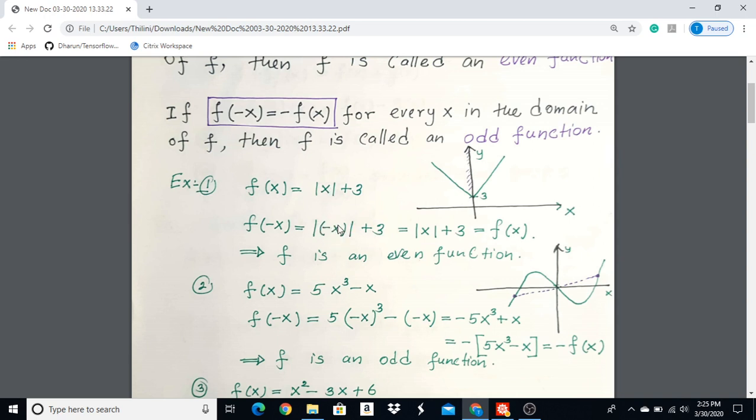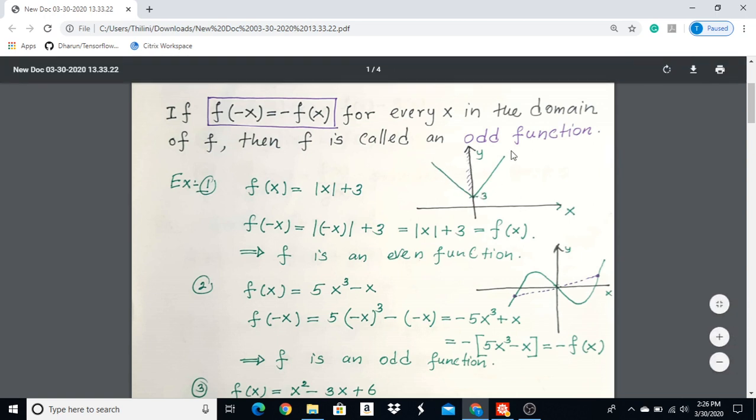We know that this becomes positive x because we have absolute value here, and then absolute value of x plus 3. This term is exactly the f of x function that we started with. So we started by plugging in negative x and ended up getting f of x again. It doesn't matter what the x value is that we are plugging in, f of negative x is always f of x. So that means f is an even function.